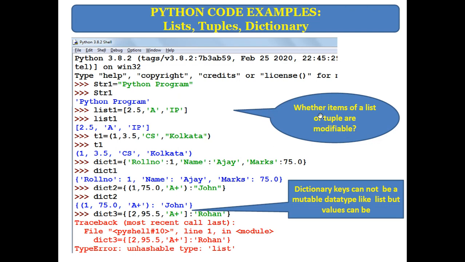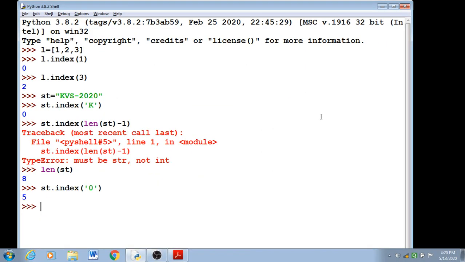Now, whether items of a list or tuple are modifiable: list is mutable, its items are modifiable, and items of tuples are not modifiable. Let's check. Suppose this is a list, I want to modify the value of the first element. It is modifiable. If I print the list, it will show like this.